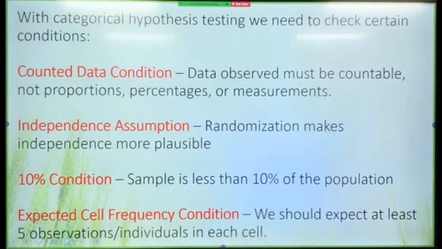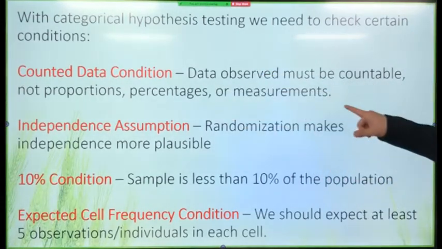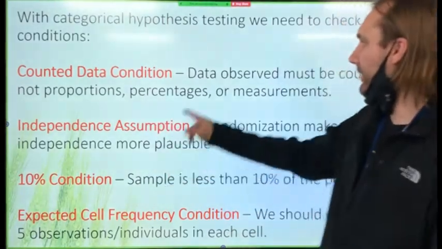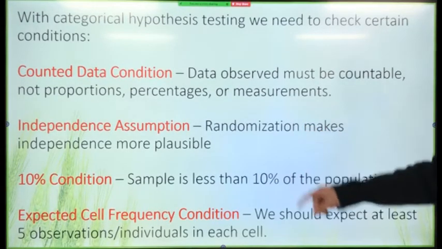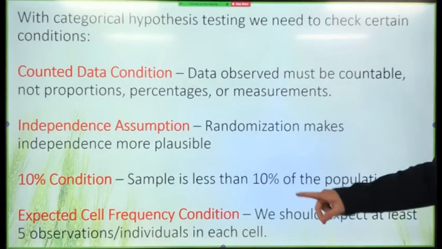Now, within these, we need to check for certain conditions. We have a new condition, the counted data condition. Data observed must be countable. So we're not going to use anything that's proportions or percentages or measurements. Counting variables. Independence assumption. Randomization makes the independence more plausible. So we need to make sure that everything's randomized. The 10% condition.